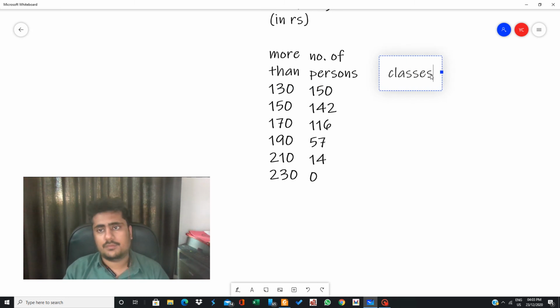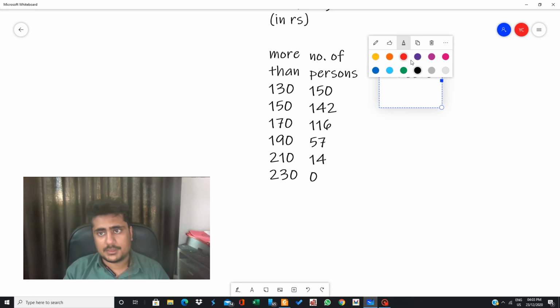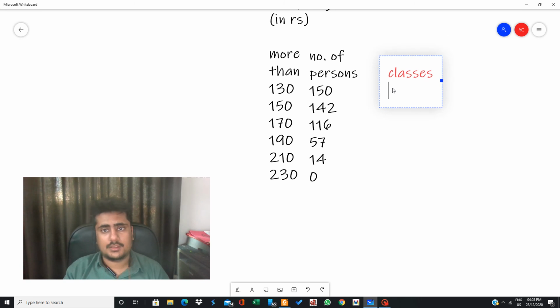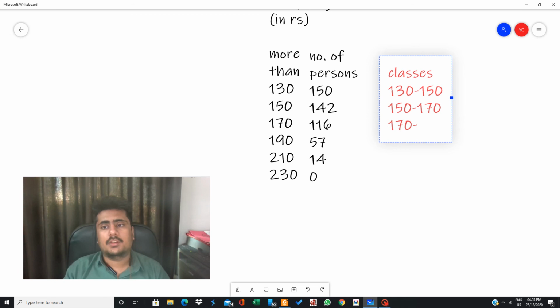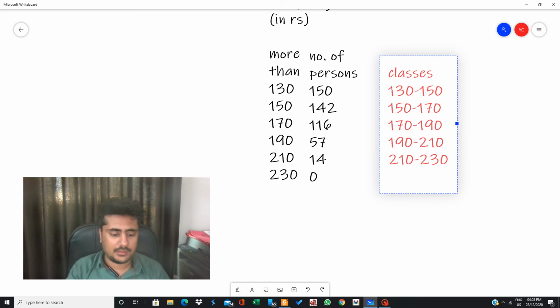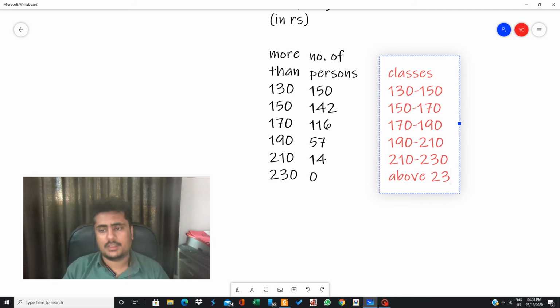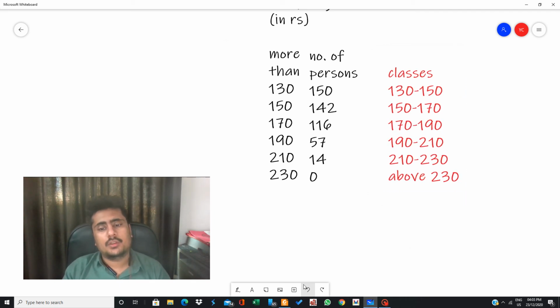Now, how to convert this into the classes? We'll be starting with the first class, that is 130 to 150. So I'll be keeping classes like this: 130 to 150, then 150 to 170, 170 to 190, 190 to 210, 210 to 230, and above 230 we can keep it for your reference.